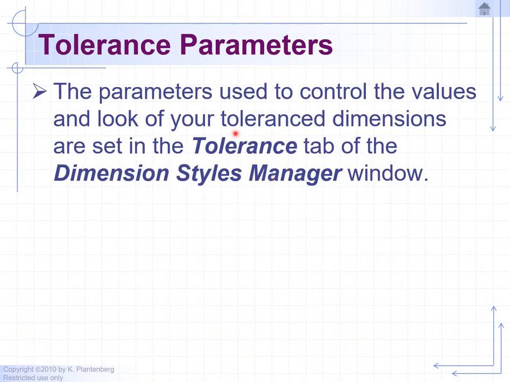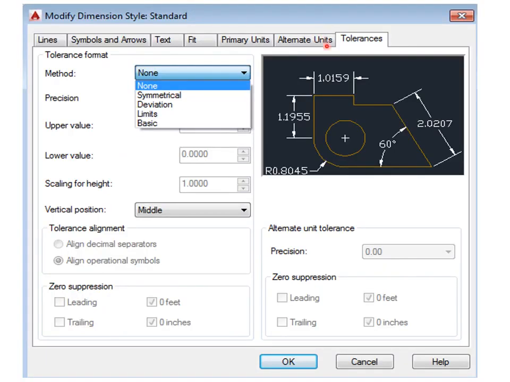So if you want to add tolerances to your dimensions or some of your dimensions, first you go to Dimension Style Manager and you'll go to the Tolerance tab. Once again, go to your Tolerance tab and you can go to the Method drop-down. Currently there are no tolerances attached to the dimensions.